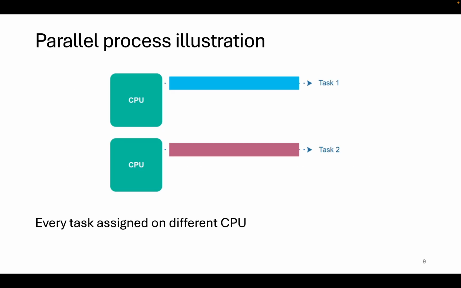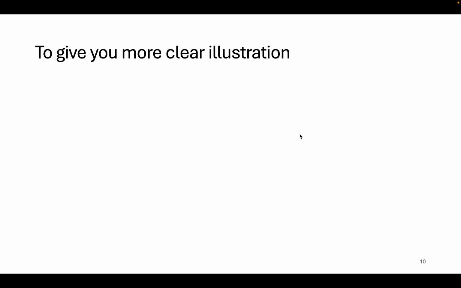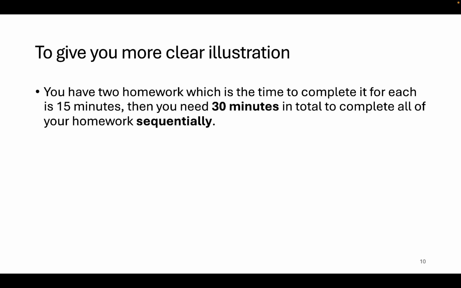So this is the parallel process illustration. Every task is assigned to a different CPU. To give you a clearer illustration, you have two homework assignments, and the time to complete each is 15 minutes.